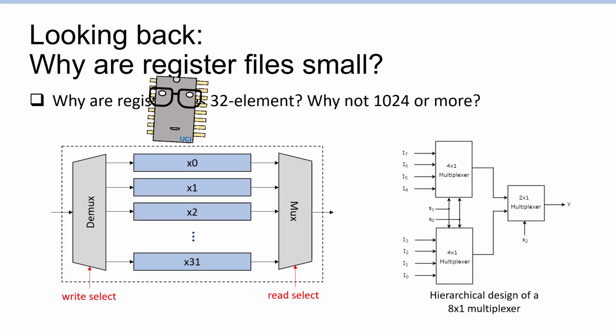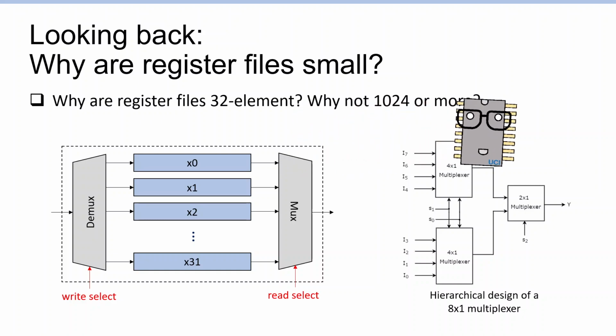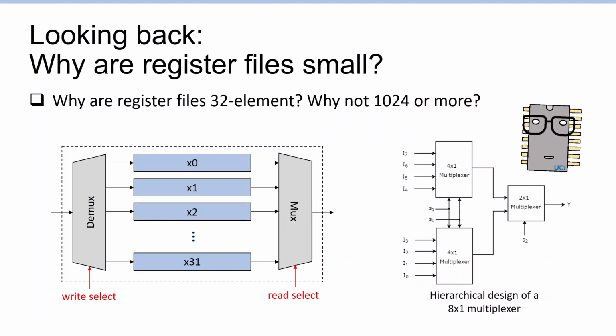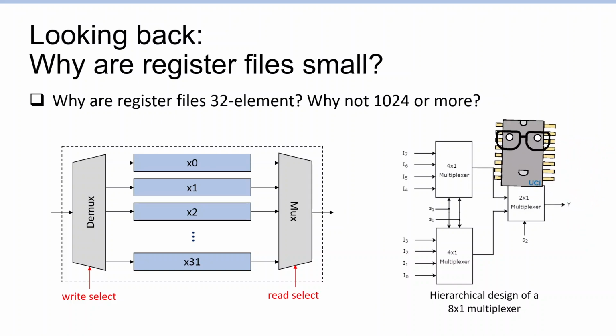And the same goes for reading. I mentioned that if we have a larger fan-in mux or a larger fan-out demux, they are constructed using a hierarchical design. And if we have a hierarchy, we have a longer critical path, which will add to the sequential delay, the propagation delay of the register file design, right?